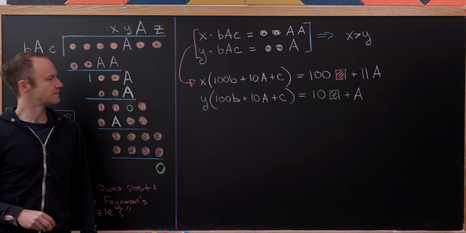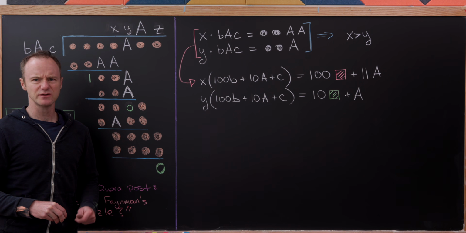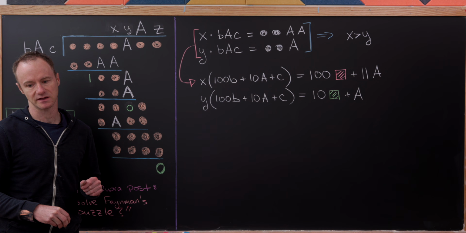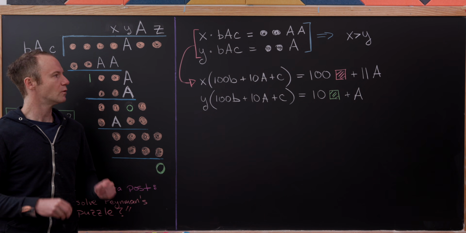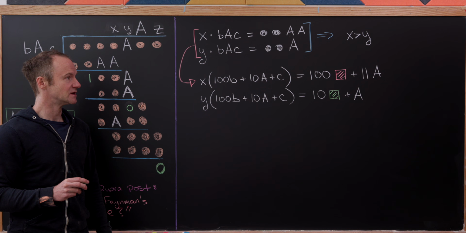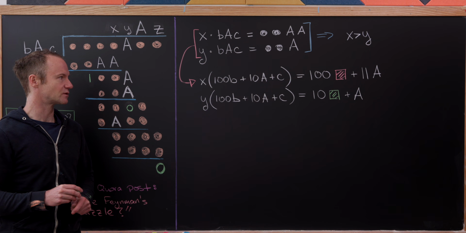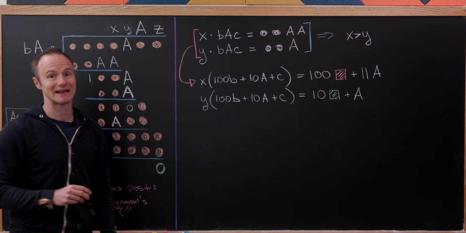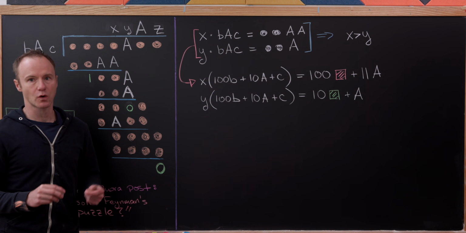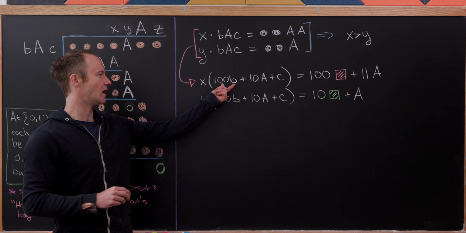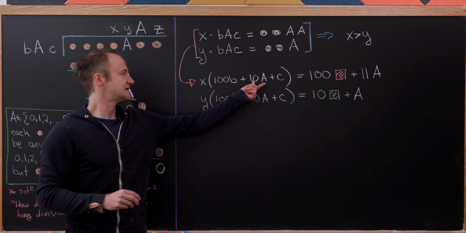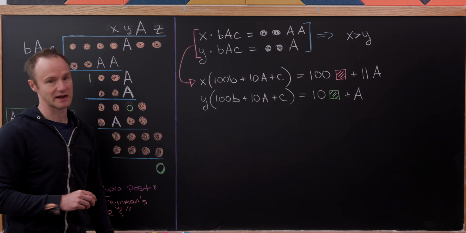Okay, great. And now we're going to use the language of modular arithmetic to simplify this a little bit. And, well, what does that really mean? Well, we're going to work mod 10. So working mod 10 means we're going to divide these equations by 10 and only look at the remainder, which is actually quite easy here because if we divide 100 by 10, that gives us a remainder of 0. 10 by 10 will also give us a remainder of 0.